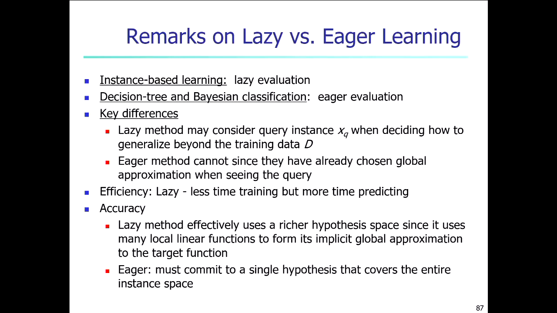So lazy learning algorithms usually take less time to train, but more time to predict. For accuracy, the lazy method effectively uses a richer hypothesis space since it uses many local linear functions to form its implicit global approximation to the target function, while the eager learning method must commit to a single hypothesis that covers the entire instance space.